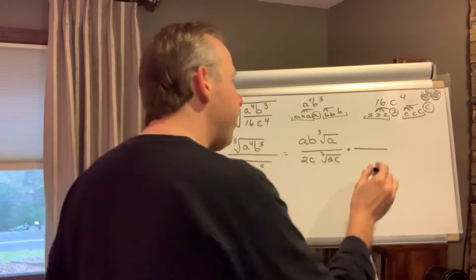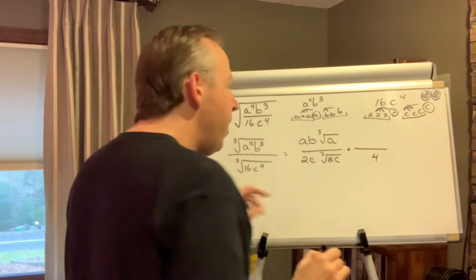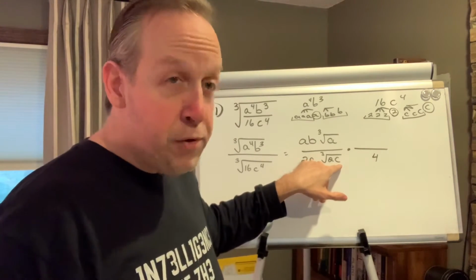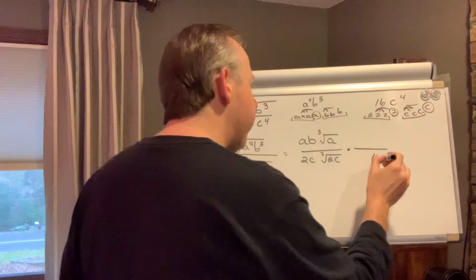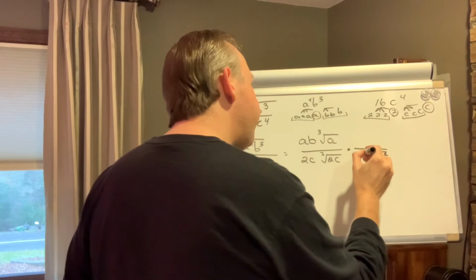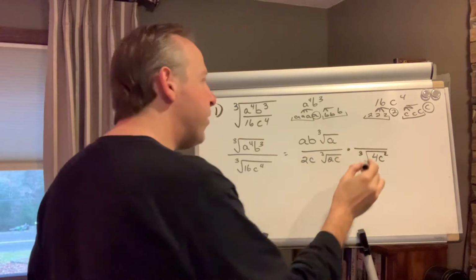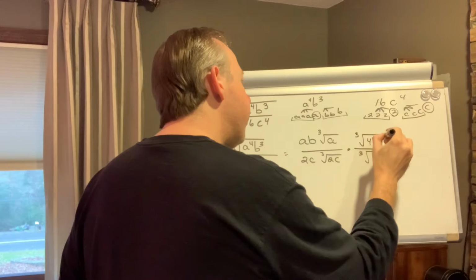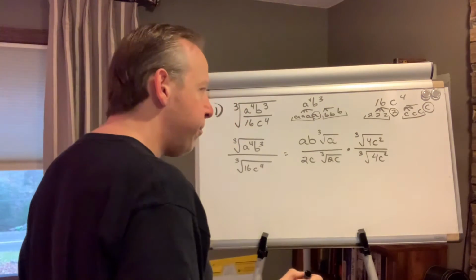Well, I got to multiply it by 4. That's a c, but I need c to the third power to be able to remove the root. So I need 2 more c's, so that's c squared. So I'm going to multiply this by the third root of 4c squared, both numerator and denominator, to rationalize.